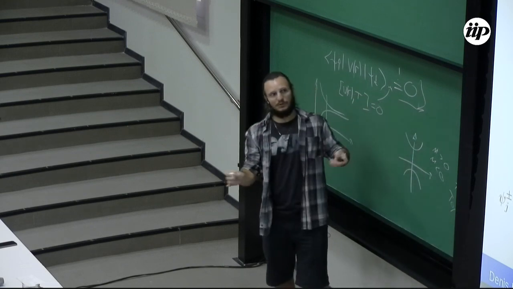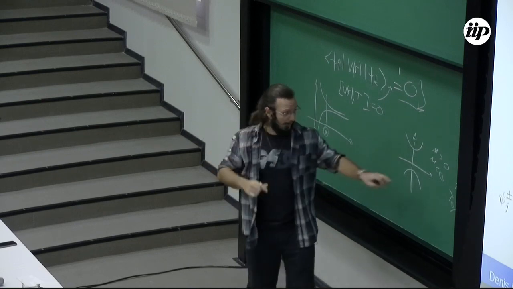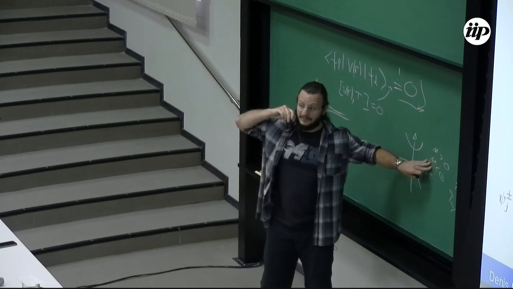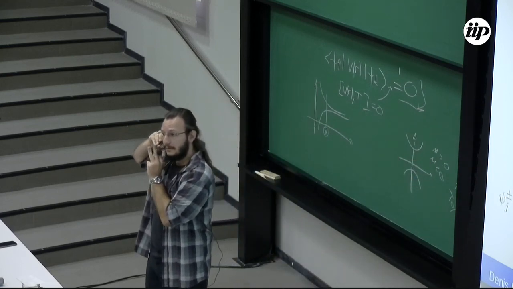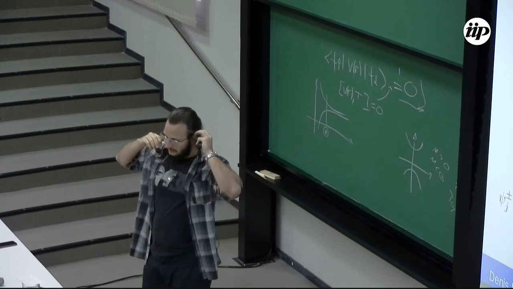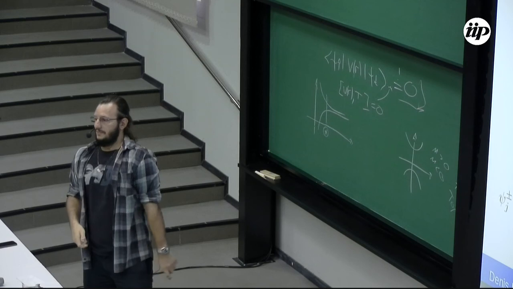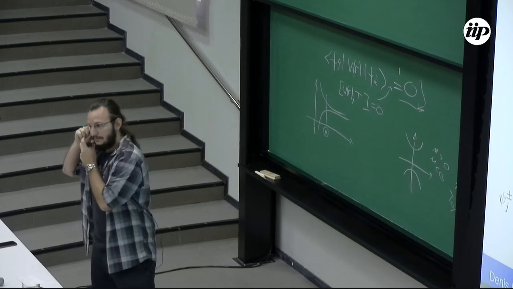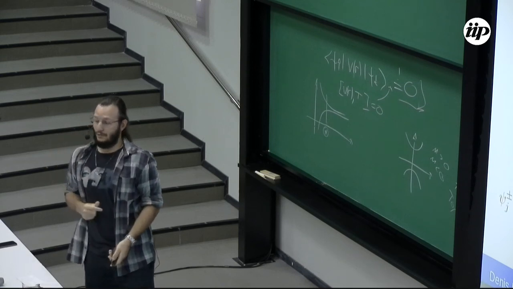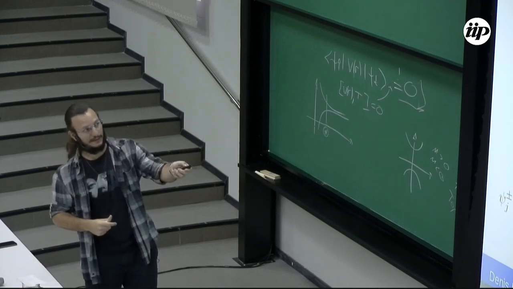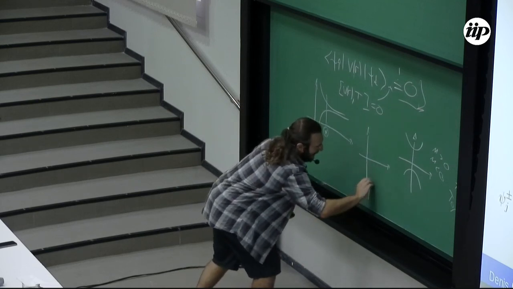So the BHZ model does not say anything about topology if you don't have a mass less than 0. I need this relation. If I don't have this relation, then my potential will be like that.